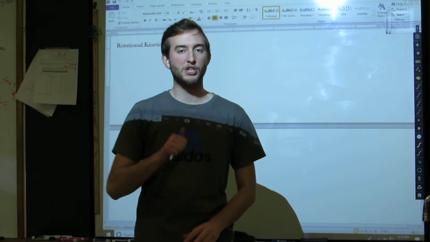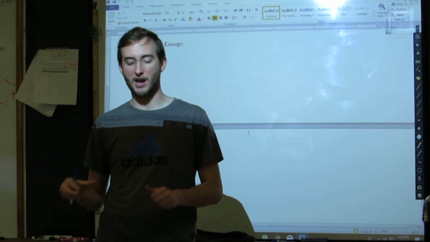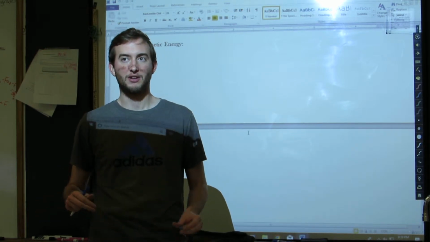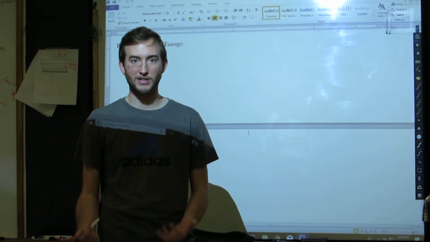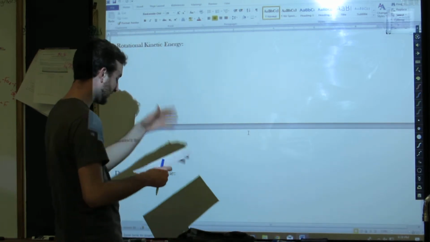The kinetic energy you're familiar with is called translational kinetic energy. It's the energy something has from moving place to place. Well, it turns out that something that rotates also has kinetic energy. Parts of it are moving from place to place. But it is not as simple as just doing 1/2 mv squared.